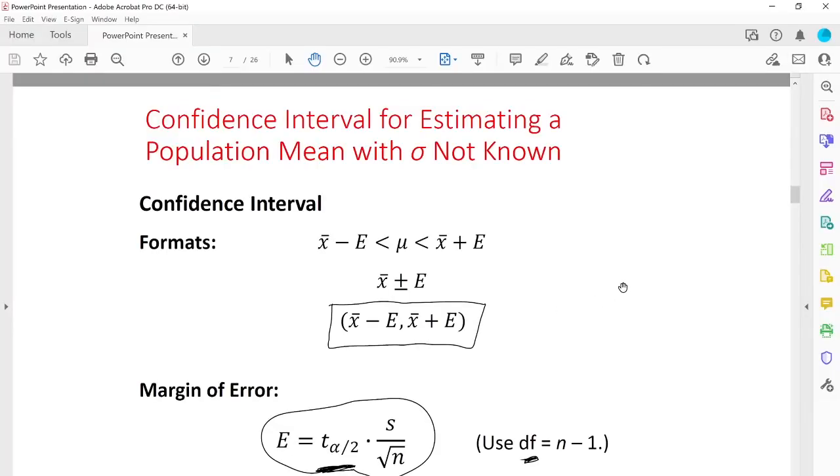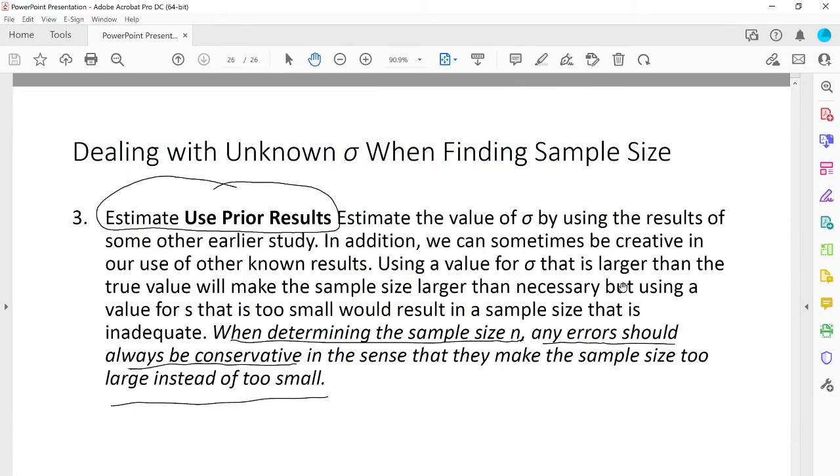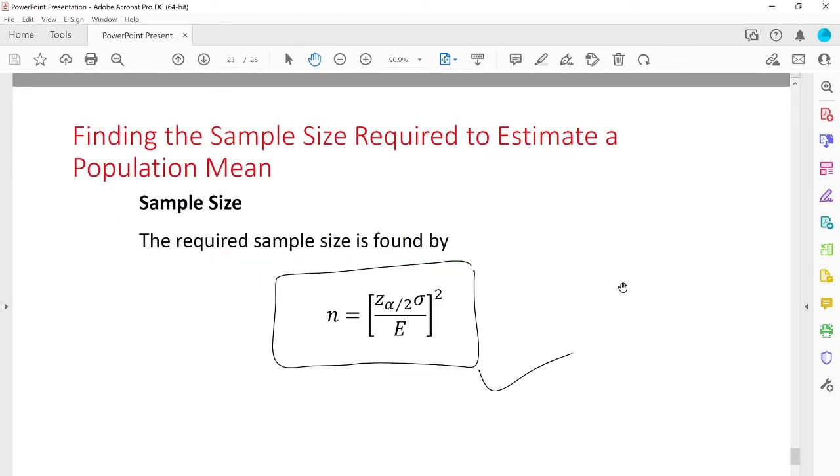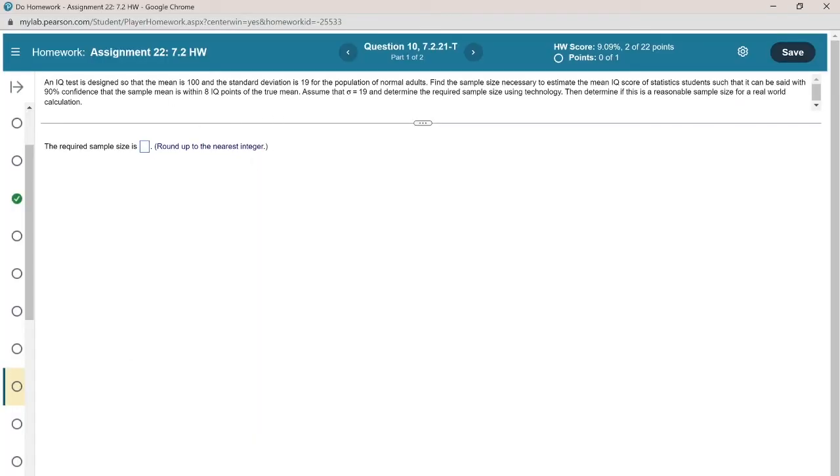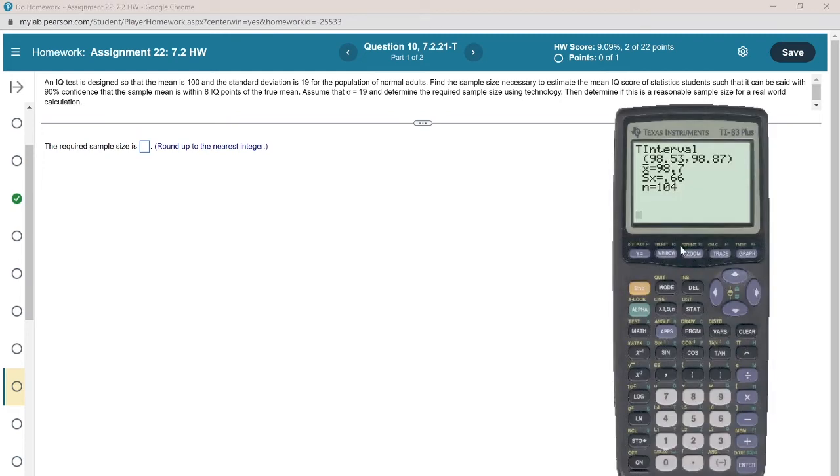So as you can see here, there is a formula for the sample size. This is the formula. You need to find the Z-score and then sigma divided by E. So first of all, what is the Z-score here? The IQ test is designed so that the mean is 100 and the standard deviation is 19 and the confidence level is 90%. So 90% means the value of alpha is 10% and alpha over 2 is 5%.